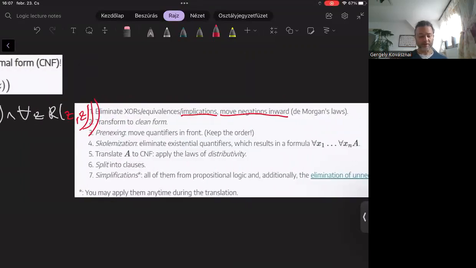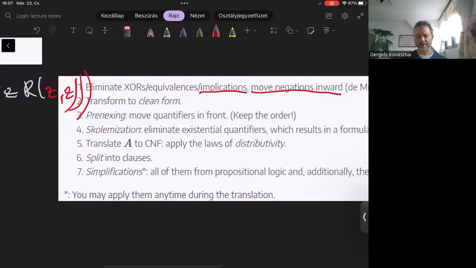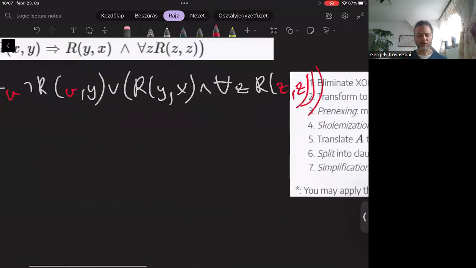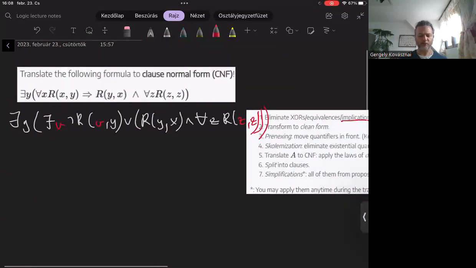Let's run step three. It's about prenexing. As the description says, we just need to move the quantifiers in front by keeping their order. We grab all of the quantifiers and move them in front, and this is really easy. We don't have to think, we just enumerate all the quantifiers in their order of appearance.